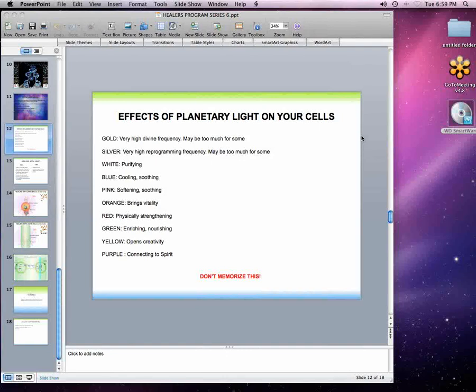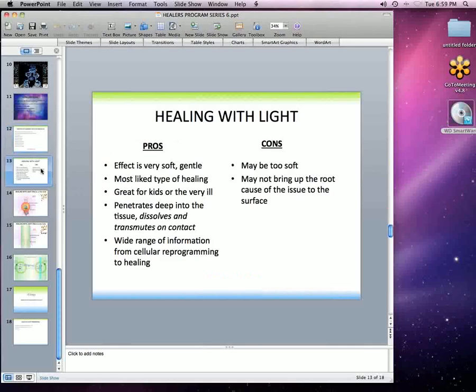When it's beautiful, it's very soft, but don't get me wrong, the fact that it has a soft effect on the cell does not mean it is soft itself or that it doesn't do a good job. It's just that that's how it feels. So make sure that even though it feels soft and gentle, it's really dissolving and transmuting.